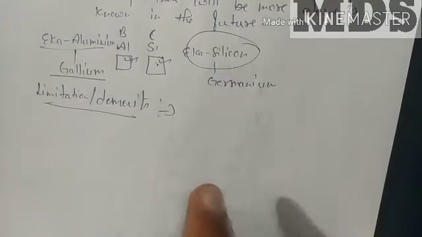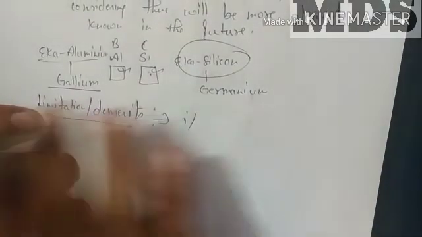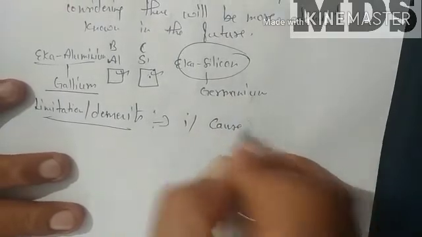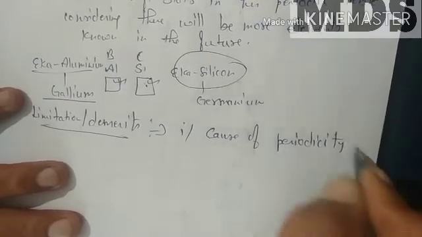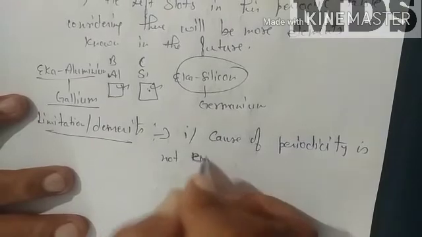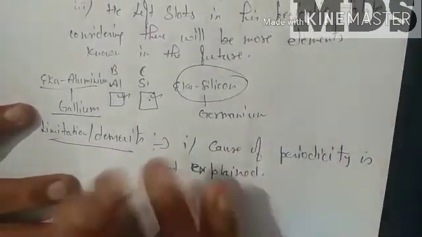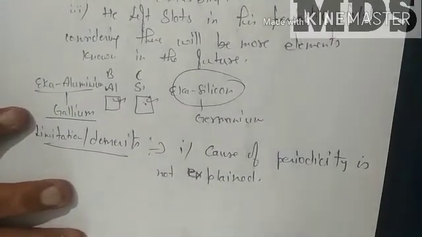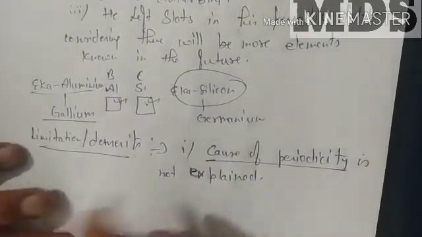The first limitation: he knew that there is periodicity in properties, but the cause of the periodicity is not known, or you can say not explained. He clearly said that yes, properties are repeating periodically, but why are they repeating? So the cause of periodicity is not explained in his classification.